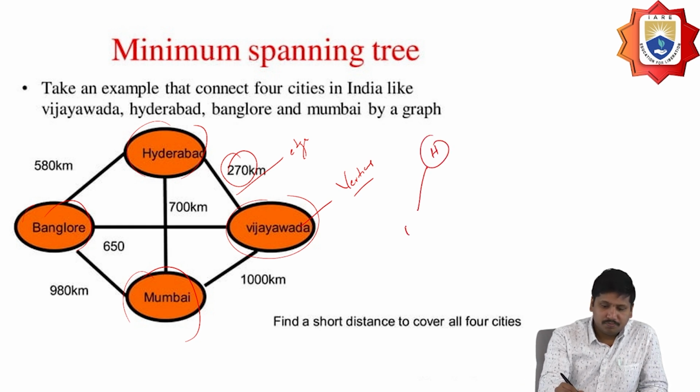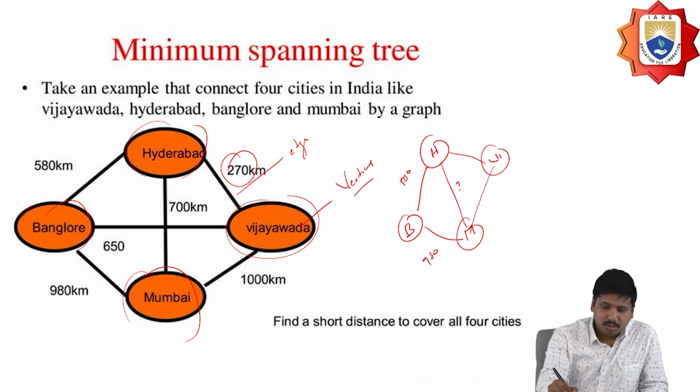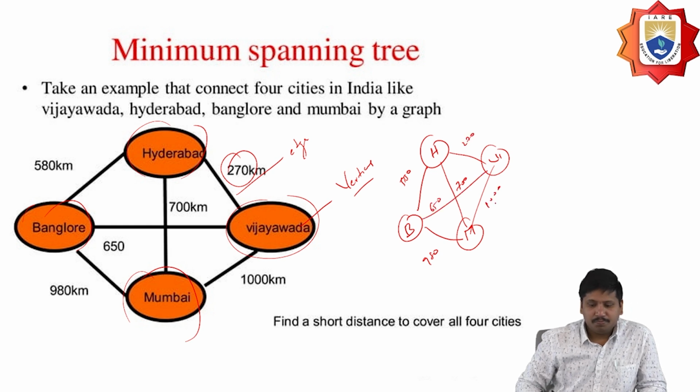How is this going to be constructed? So this is the graph, and 580 is the weight value I assigned here, and these are the weights between them. So this is the graph obtained.